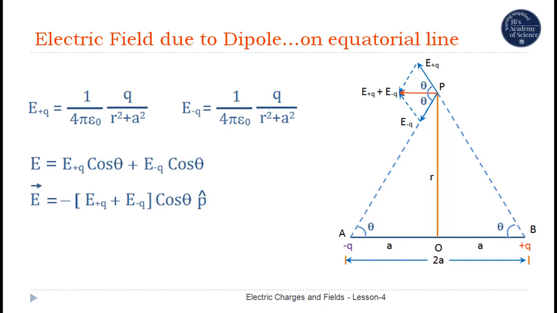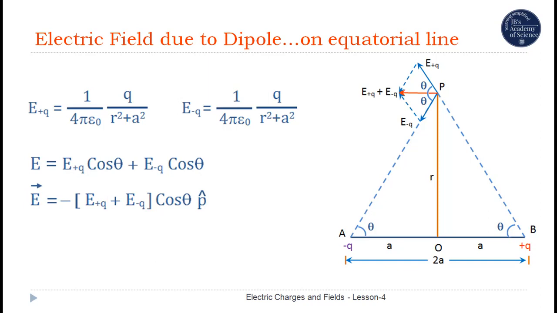E is equal to E plus Q cos theta plus E minus Q cos theta, or E is equal to minus (E plus Q plus E minus Q) into cos theta P cap, where P cap is the unit vector in the direction of the dipole moment. Here, the negative sign indicates the resultant electric field is opposite to that of the dipole moment.